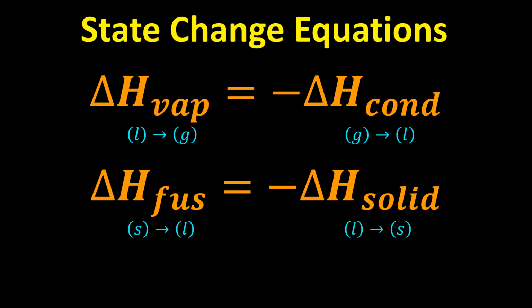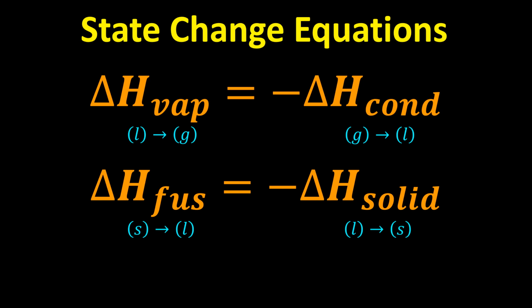Well, the numbers are opposite to one another. So if you have 40.7 kilojoules that's absorbed for vaporization when it goes from liquid to a gas, then you'll have negative 40.7 kilojoules that's released when you go from a gas to a liquid.